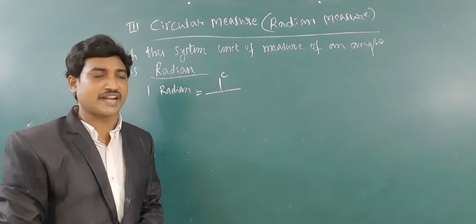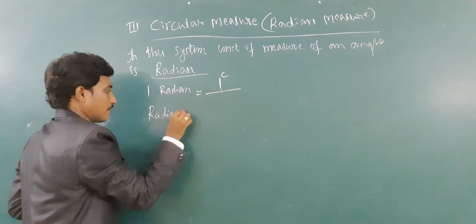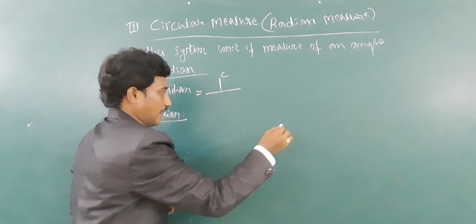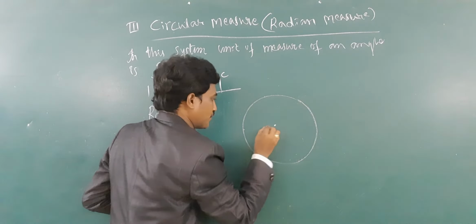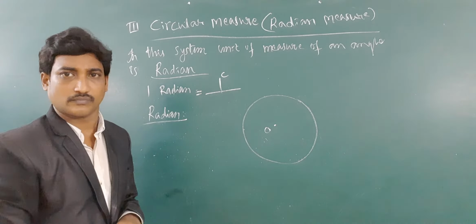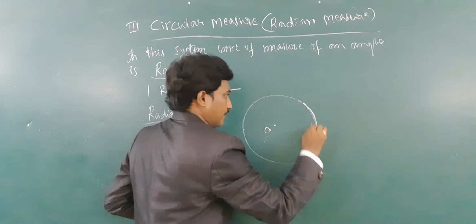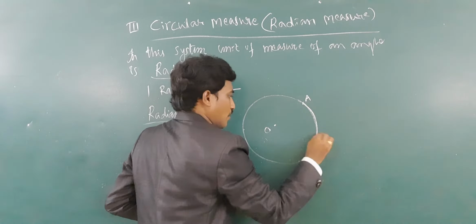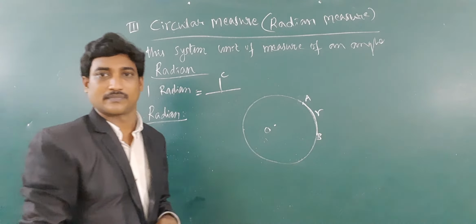Let us define radian. I am taking a circle whose center is at O. Taking an arc AB whose length is equal to the radius of the circle.